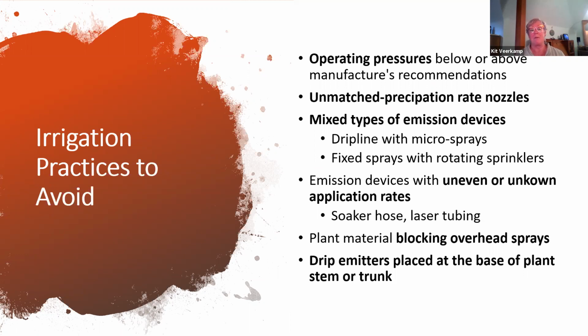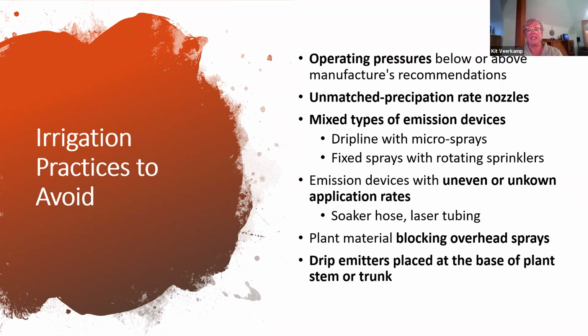So what you end up with over a 20-year period is a system where almost nothing matches anymore. So it becomes less efficient with time than it was originally installed. And then mixing up types of emission devices, again, don't do it because it just leads to more inefficiency.